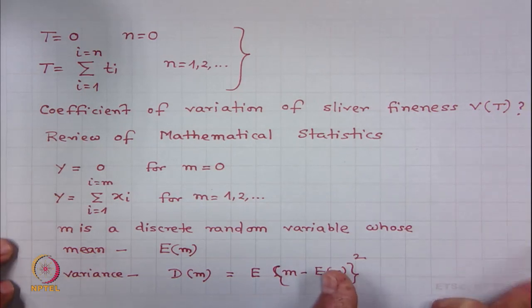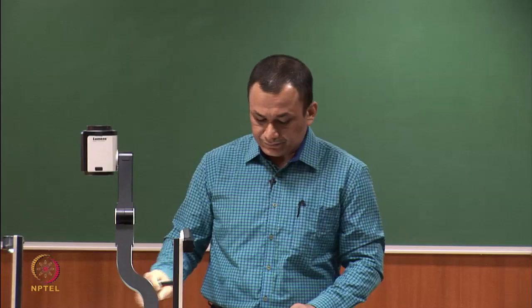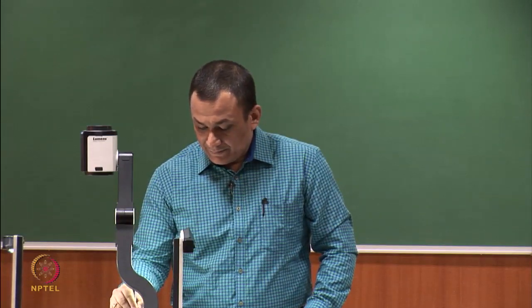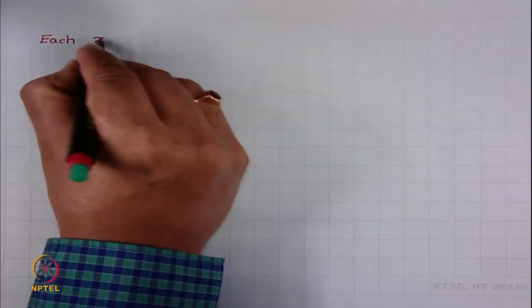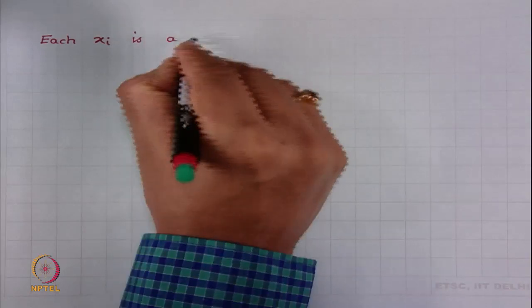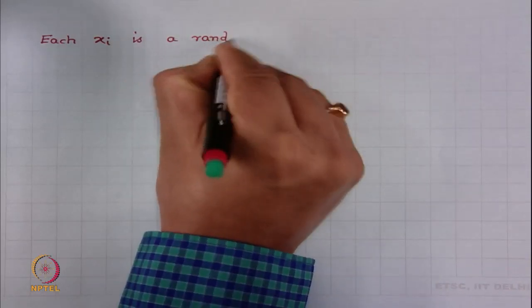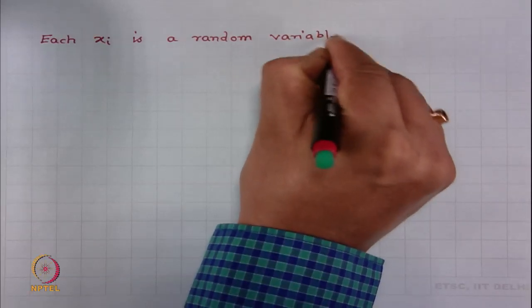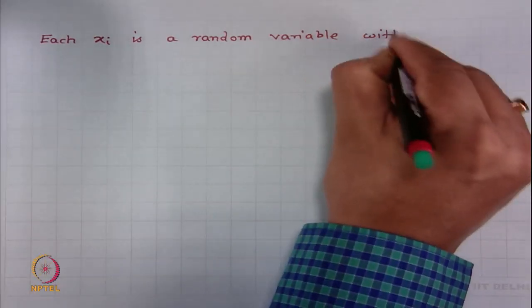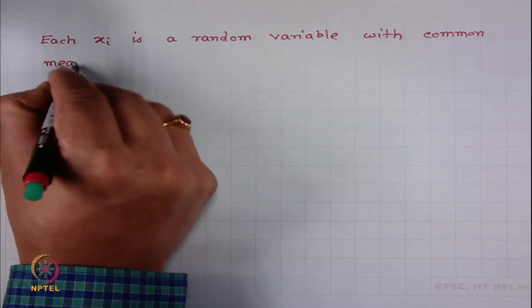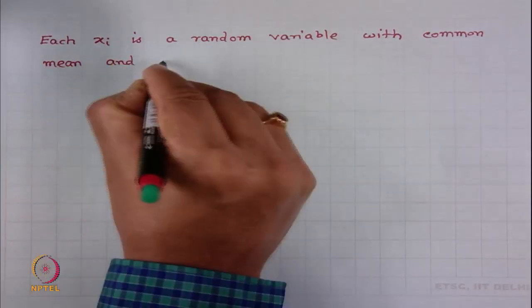Then what we think is that each x i is a random variable with common mean and common variance.